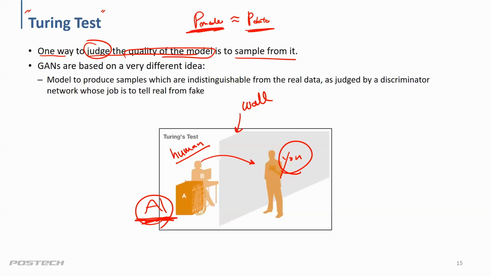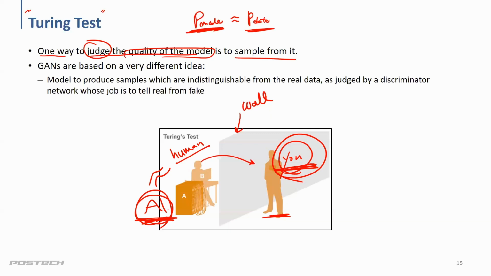If the performance of the AI is poor, it's easier to tell, right? Okay, this answer must be AI, or this must be human. But if the AI is almost perfect, then it is not easy, really difficult to tell.